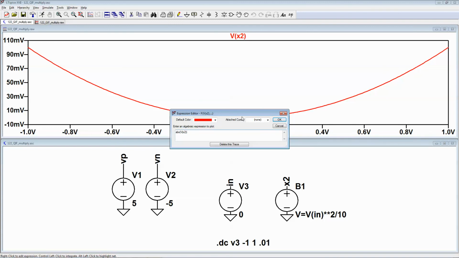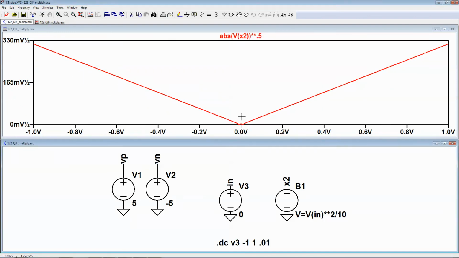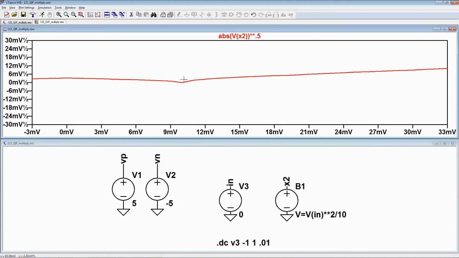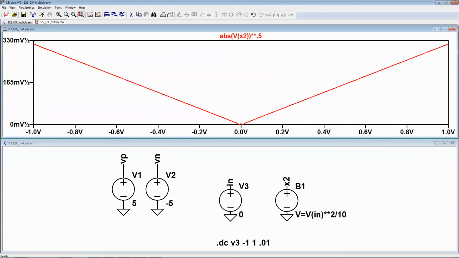You can't take the square root of a negative number in LTspice, so we take the absolute value and then take the square root. And now we can see this almost perfect straight line. There's a little something going on in here, but that's just a simulation artifact, not to be worried about.